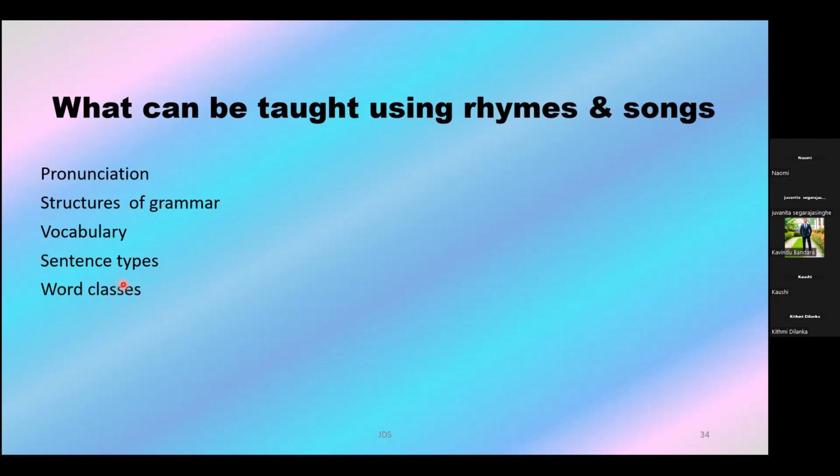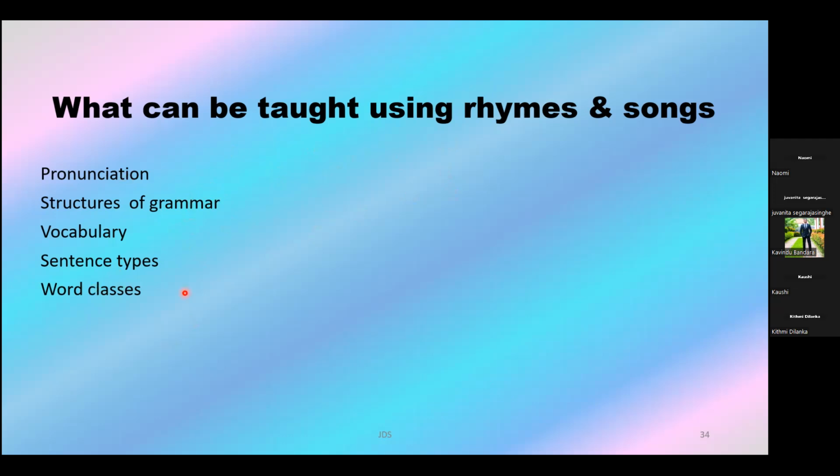Rhyming words, different rhyming terms. Internal rhythm. When it comes to literary devices, imagery, right? So mostly you have auditory imagery, visual imagery. So all those can be taught using rhymes and songs.